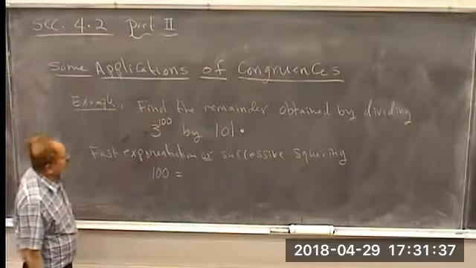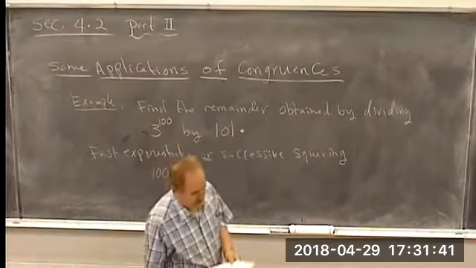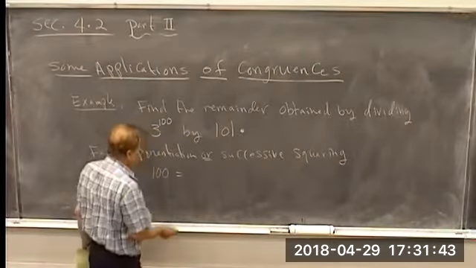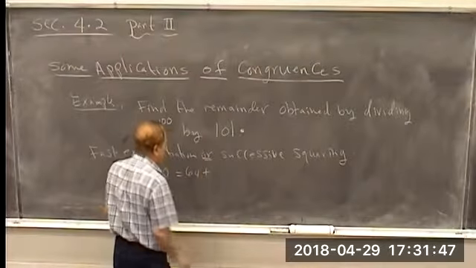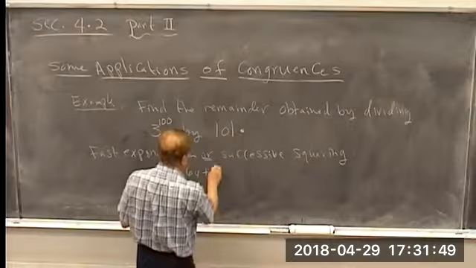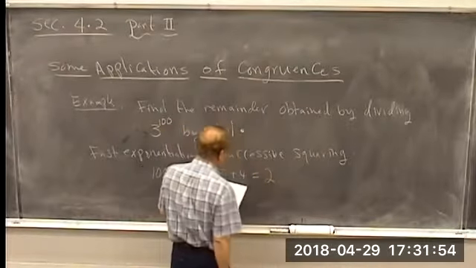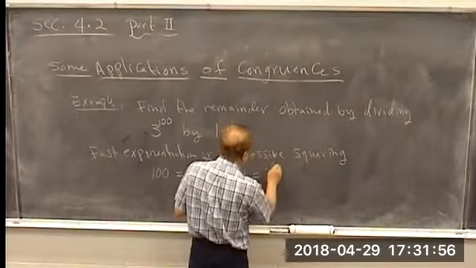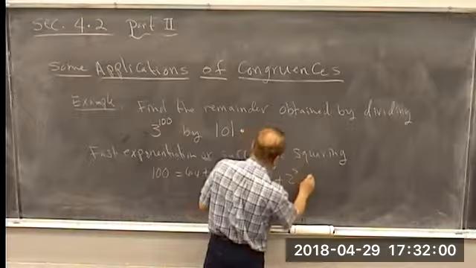So we know that 100 we can write as a sum of powers of 2: 64, which is a power of 2, plus 32 plus 4, which is nothing but 2 to the power 6, plus 2 to the power 5, plus 2 squared.